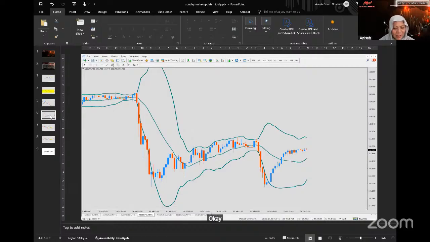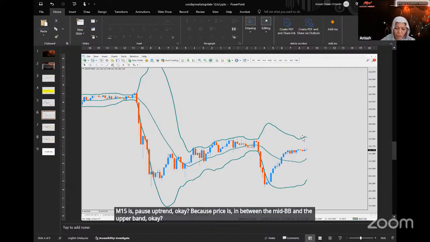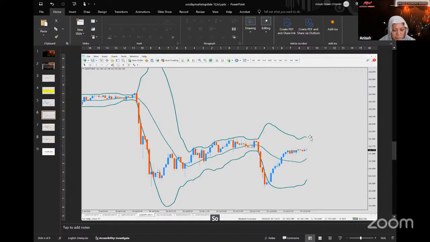Dollar yen: major trend uptrend, intermediate downtrend, M15 is a pause uptrend, because price is in between the mid BB and the upper band. So the trade that we should be taking, I would suggest strongly for long.